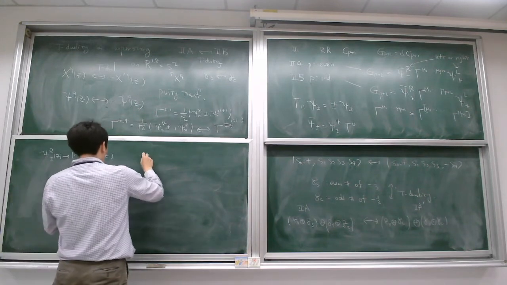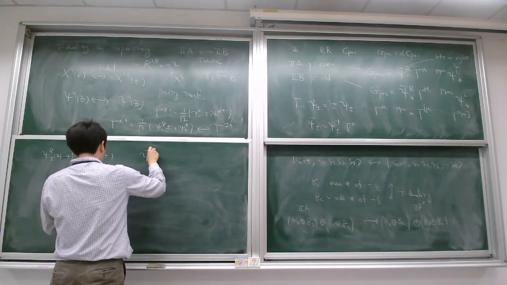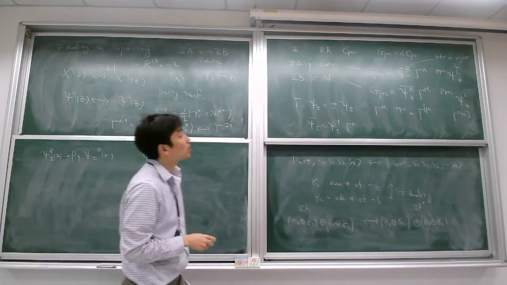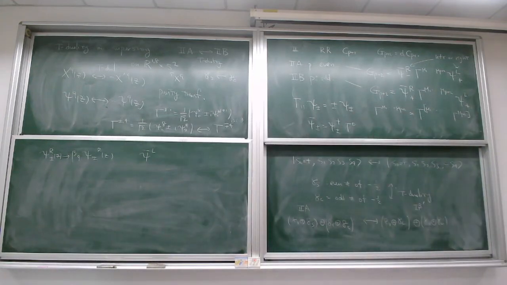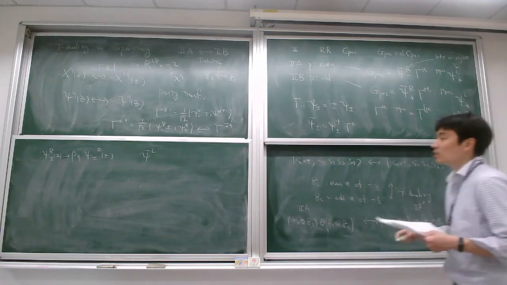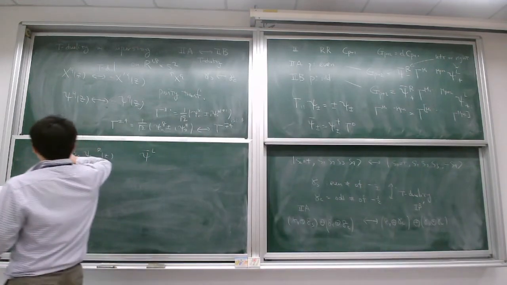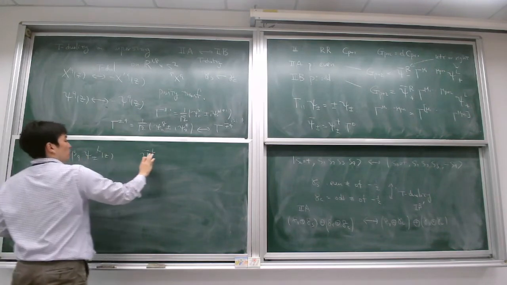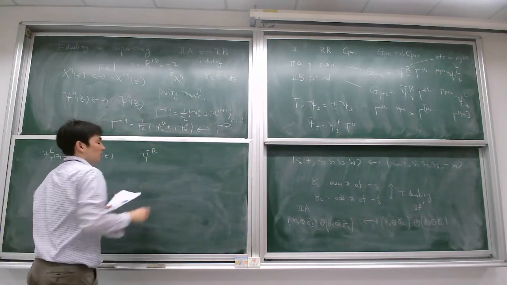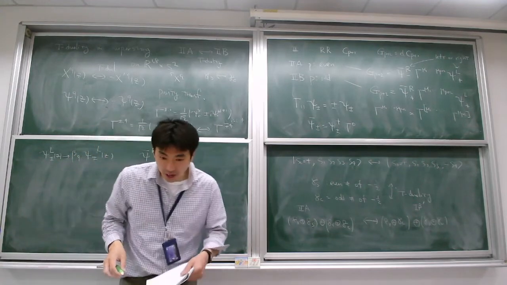And then psi left moving. Oh my goodness, why am I doing such a stupid thing? Sorry, my convention of R and left are different. I think this should be L, and this should be R. Sorry, it's a typo. Am I correct?